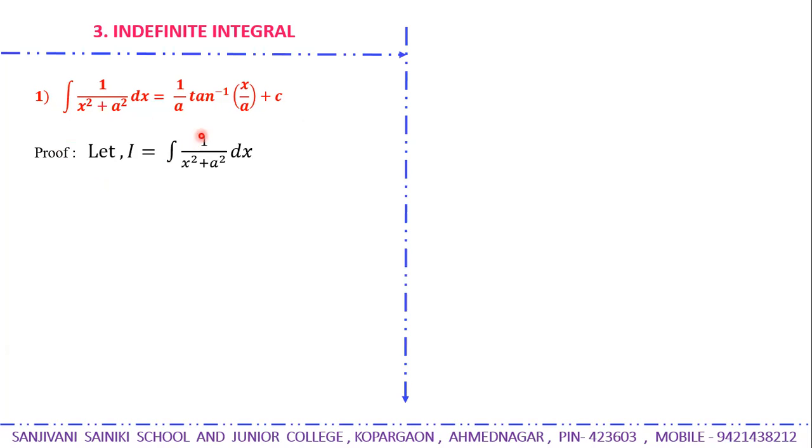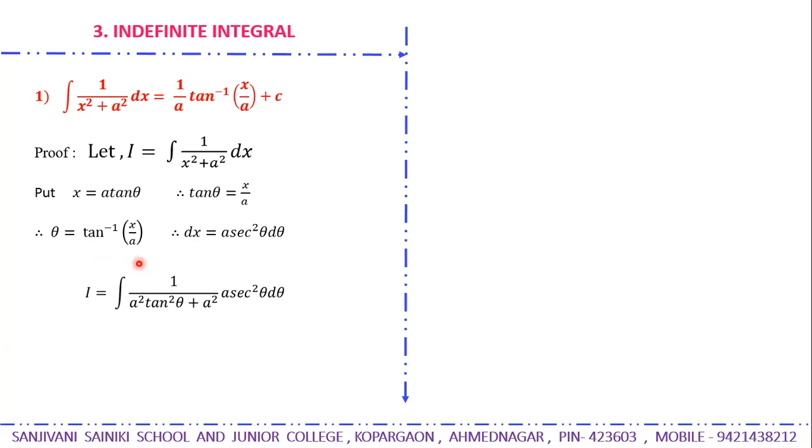Let I be equal to integration 1 upon x square plus a square dx. What will we do? We will substitute x is equal to a tan theta. Then tan theta is equal to x by a, so theta is tan inverse of x by a. Also, the differential of the substitution, dx, is equal to a sec square theta d theta. Now we put these two values in the integral.